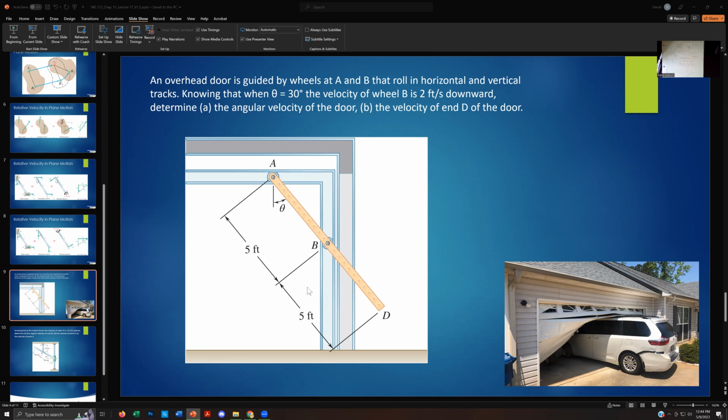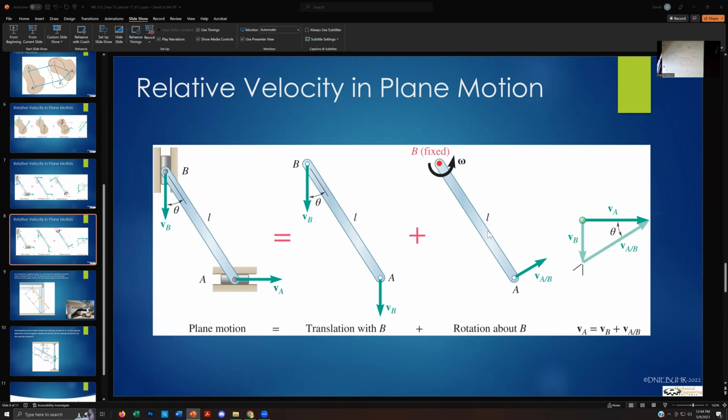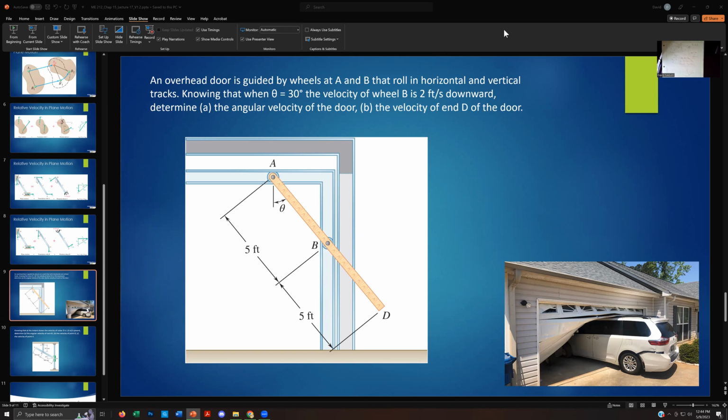So what we're looking for is the omega. So how fast is the angular rotation, and how fast is D moving? In order to do that, it's going to be a similar setup to what we saw in here, right? Because we have fixed points similar to this. So it should look familiar between this example and this example.